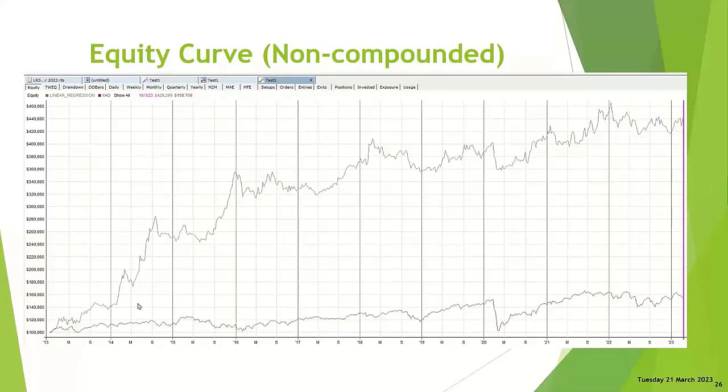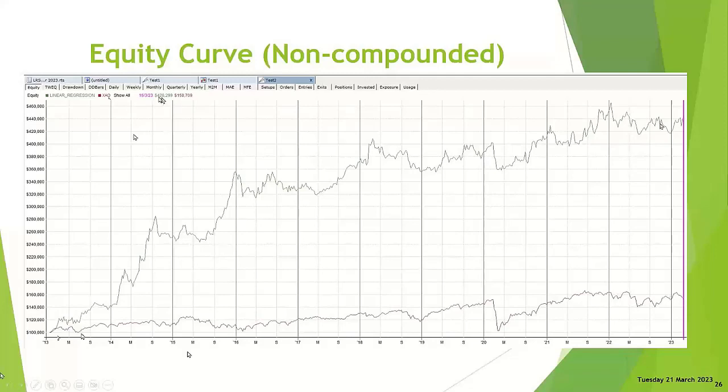That is the equity curve as produced by RealTest for that strategy. The red line, whatever color that is, along the bottom is the XAO. So that's a buy and hold within the XAO. And the green line is what would happen if you applied that strategy over that period of time.